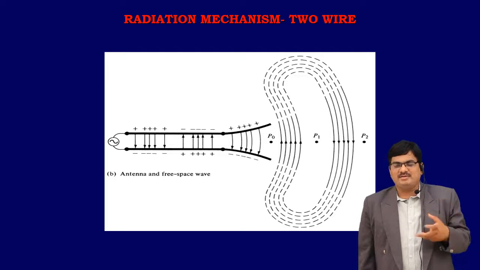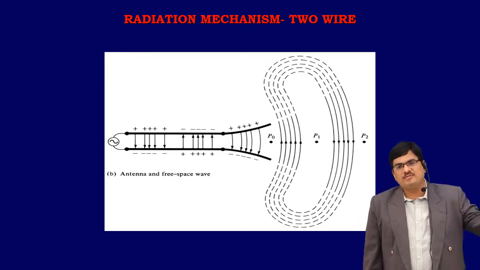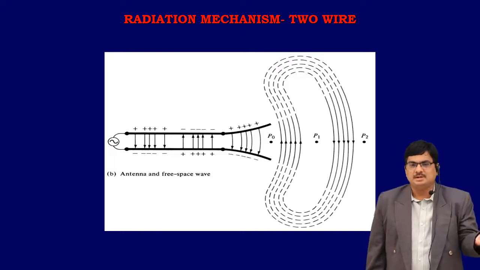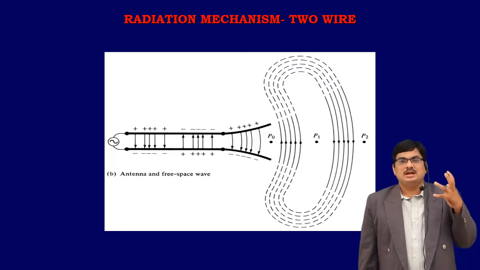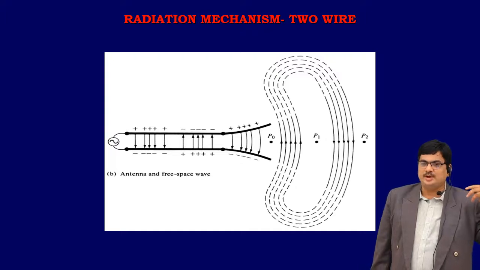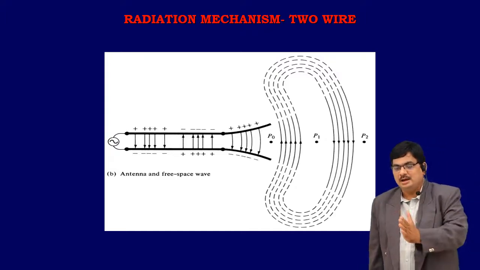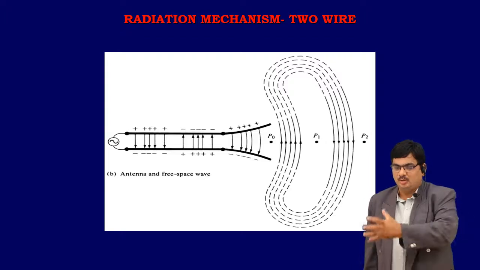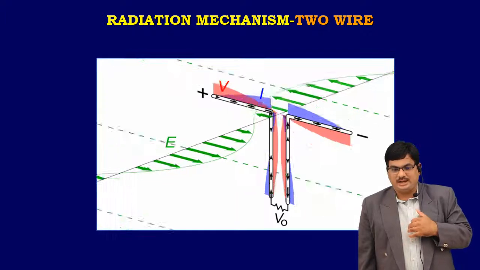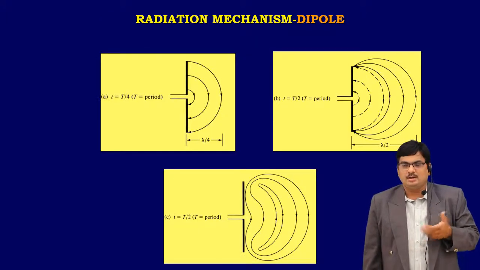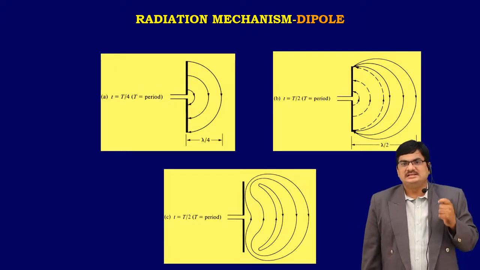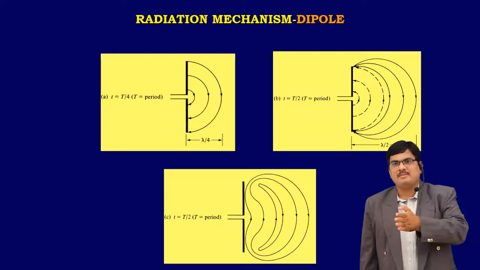The stationary charges move from their initial position, and some collision happens, and the charges nearer to the antenna move away from the antenna into free space. After that we discussed the dipole antenna. At the dipole antenna at t is equal to T by 4, there is a maximum charge at the center, and they travel a radial distance of lambda by 4.